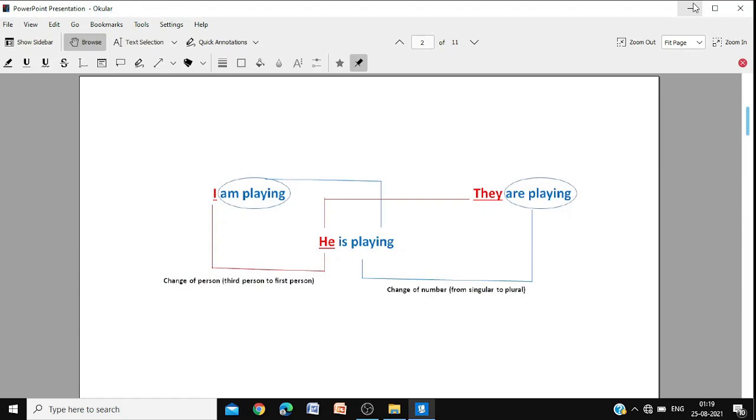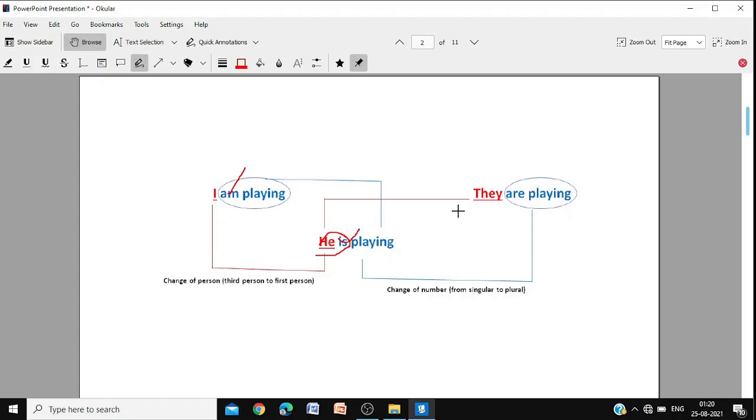First of all, let us recall finite and non-finite verbs. Let's take the sentence, I'm playing. I, first person, singular. When we change it to third person, he is playing, we find that am playing is changed to is playing.